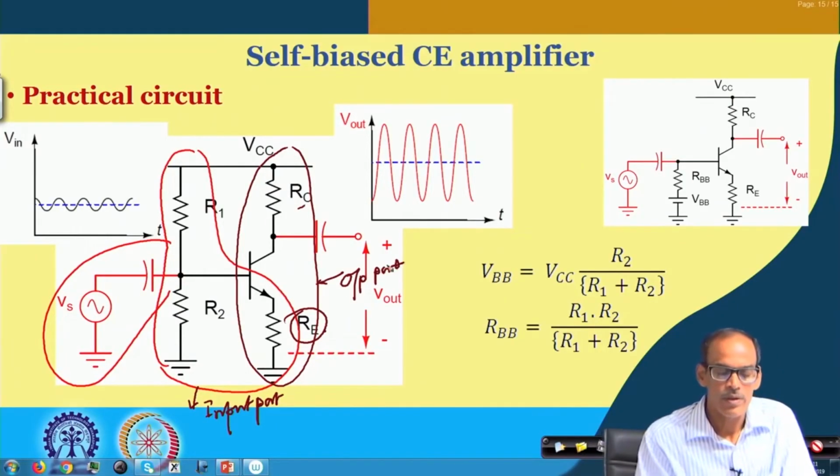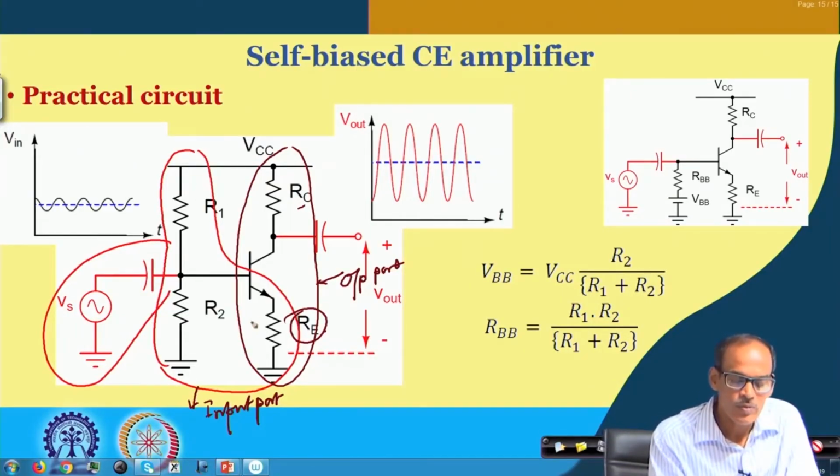So, in the input port, while we are analyzing, we need to be careful whenever we talk about the IB current, and see how much current is actually flowing. In fact, the current here is not only IB flowing through this one, but also the IC.